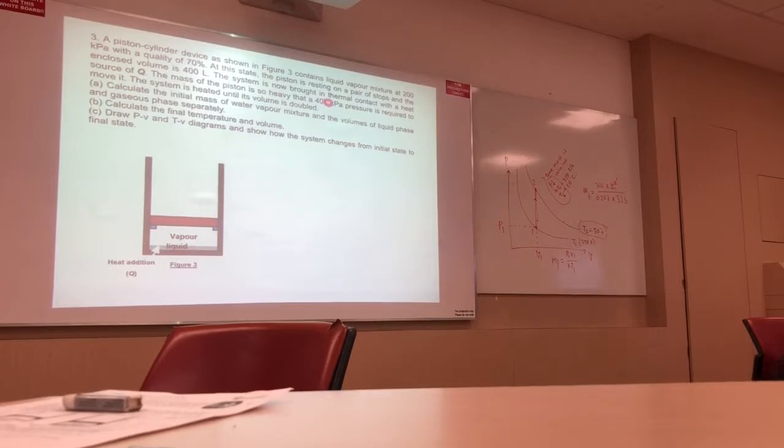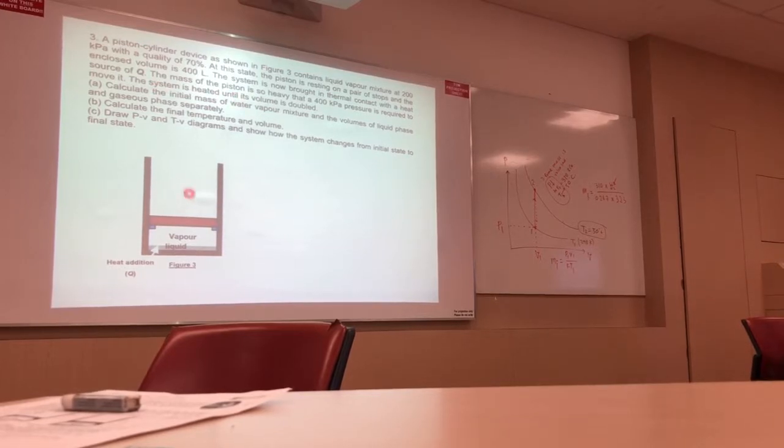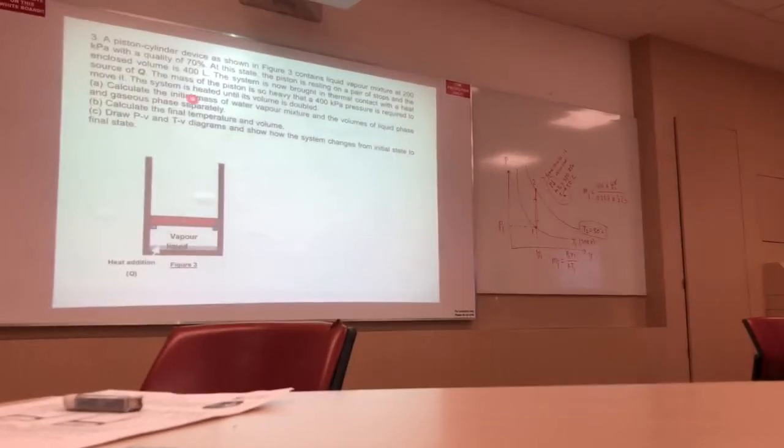The system is now brought in thermal contact with a heat source Q. The mass of the piston is so heavy that 400 kilopascal pressure is required to move it. The system is heated until the volume is doubled. A: Calculate the initial mass of the water vapor mixture and the volumes of liquid phase and gaseous phase.